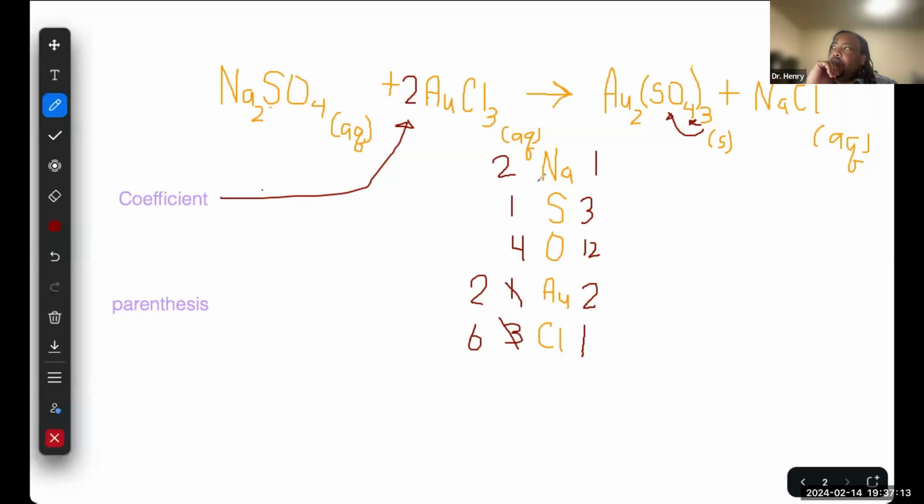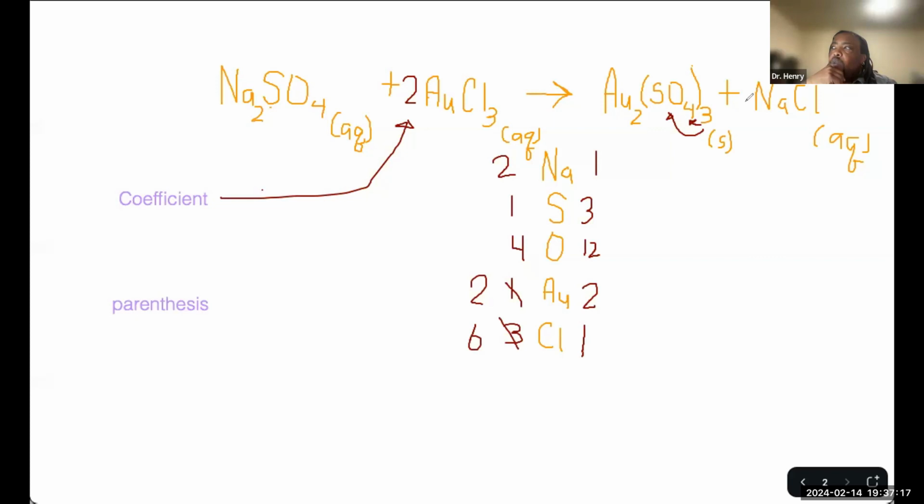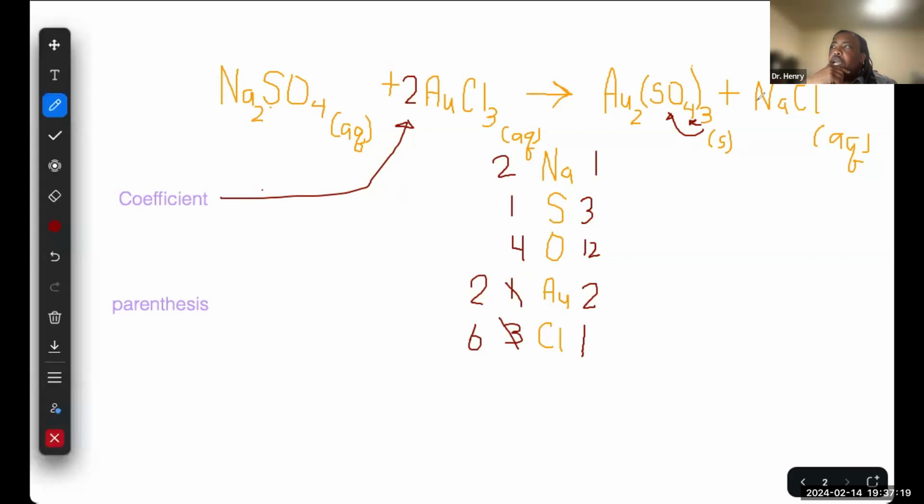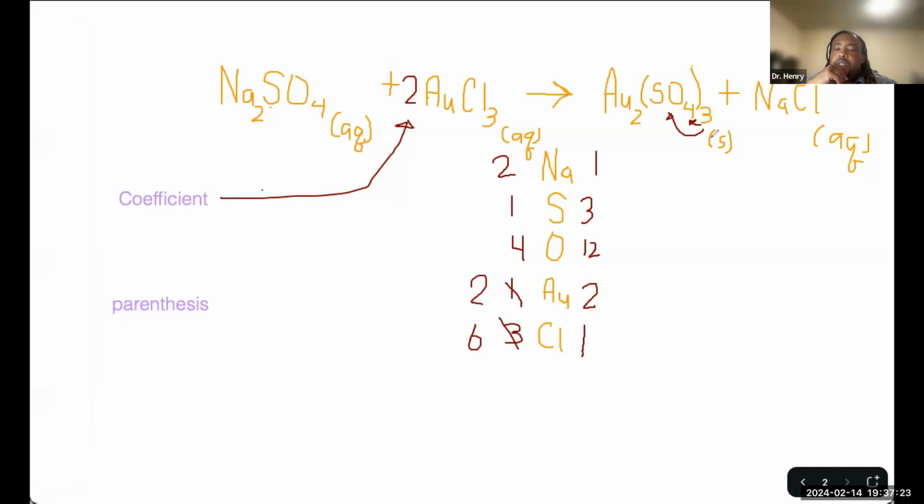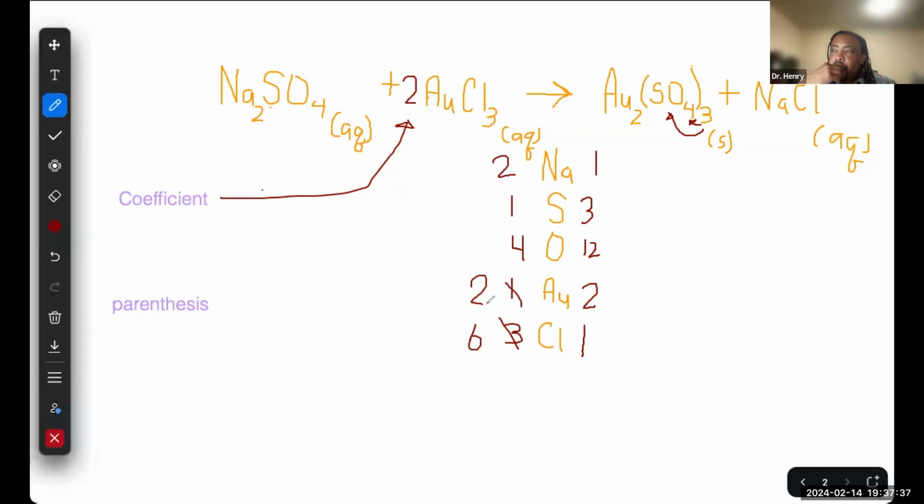So then if I go to my product side, what do I need to put in front of my sodium chloride, my NaCl? So I have how many chlorines on my reactant side?